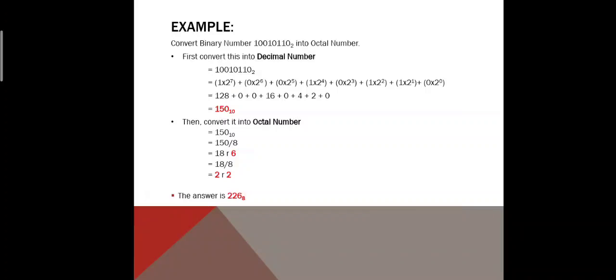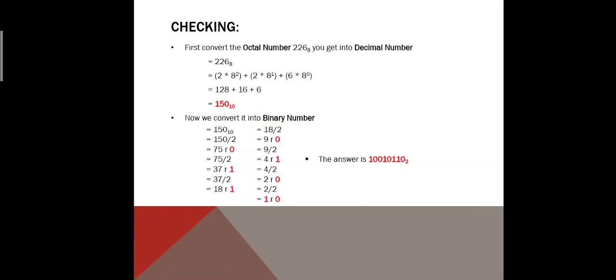I-divide lang natin ulit yung 18 by 8, equals 2 remainder 2. Kaya ito na yung nakuha ang sagot kasi hindi na pwedeng i-divide yung 2 sa 8. So, the answer is 226 base 8.